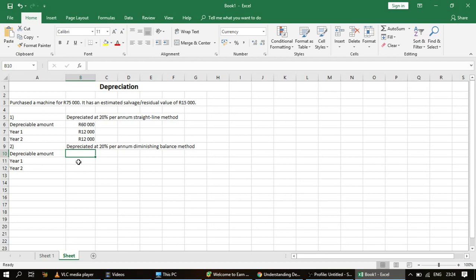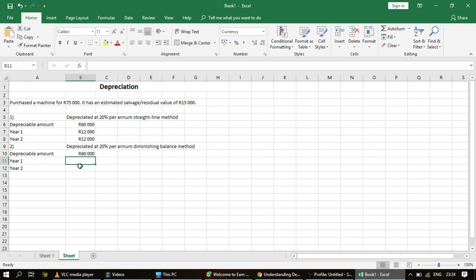Now let's quickly move to the diminishing balance method. With the diminishing balance method, it's a bit different from the straight line method, as we'll see just now. But the depreciable amount for any method of calculating depreciation will always be the same. So in this case, we have the 75,000 rand minus the 15,000 rand, which gives us 60,000 rand, like it did with the first method of calculating depreciation.